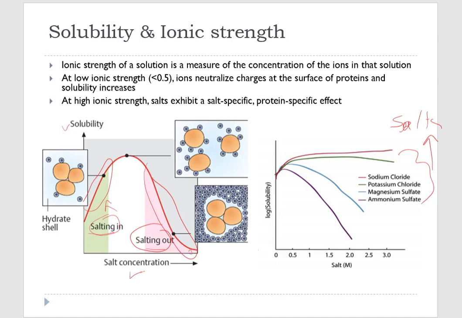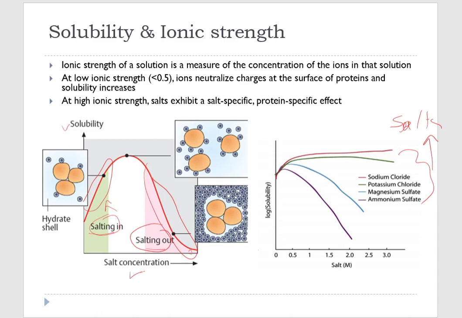So how can we explain salting out? Again, in an aqueous environment with a high ionic strength, high salt concentrations, the salt molecules compete with the protein molecules in binding with water. So the availability of water molecules becomes limited as most of them are used up by salt ions.